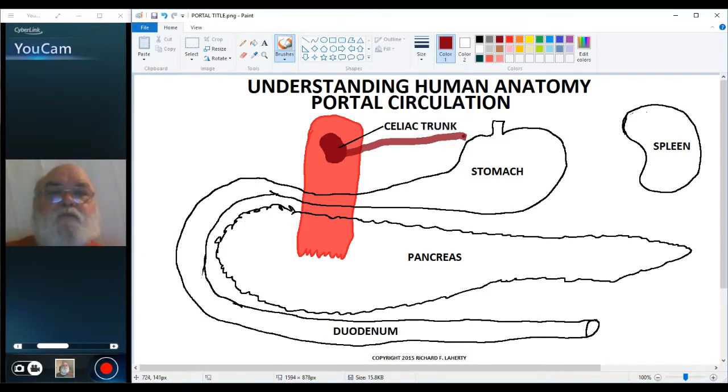It will give a branch up to the base of the esophagus here, and then the rest of the artery will continue on the lesser curvature of the stomach.